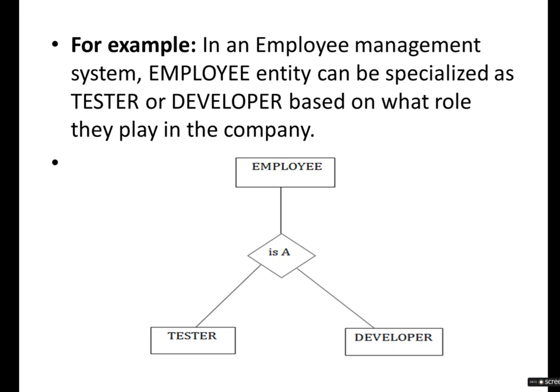Now, here we take one example, the employee management system. In the employee management system we consider some entities, one is the employee entity. Here in the diagram, here is the employee entity. It can be specialized as a tester, or the employee is specialized as a developer, based on the role the particular employee gets in that company or organization.